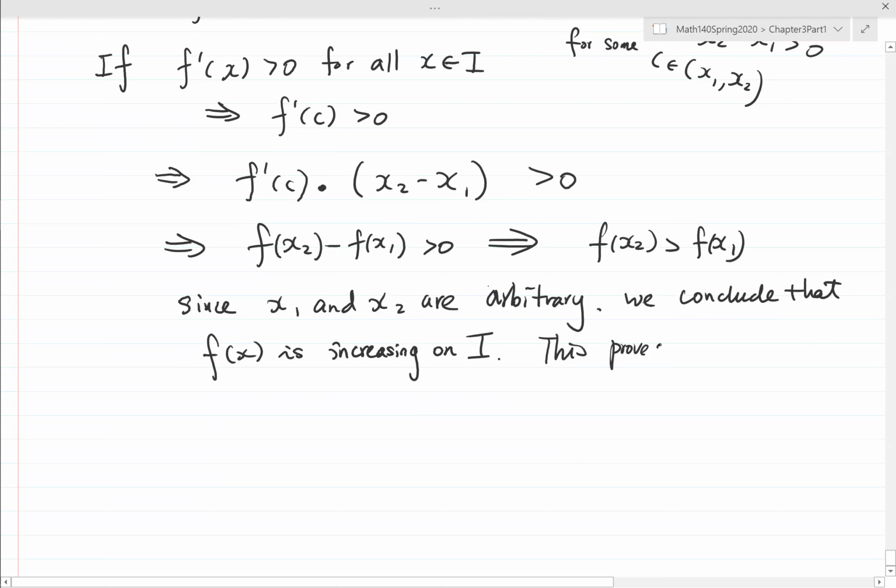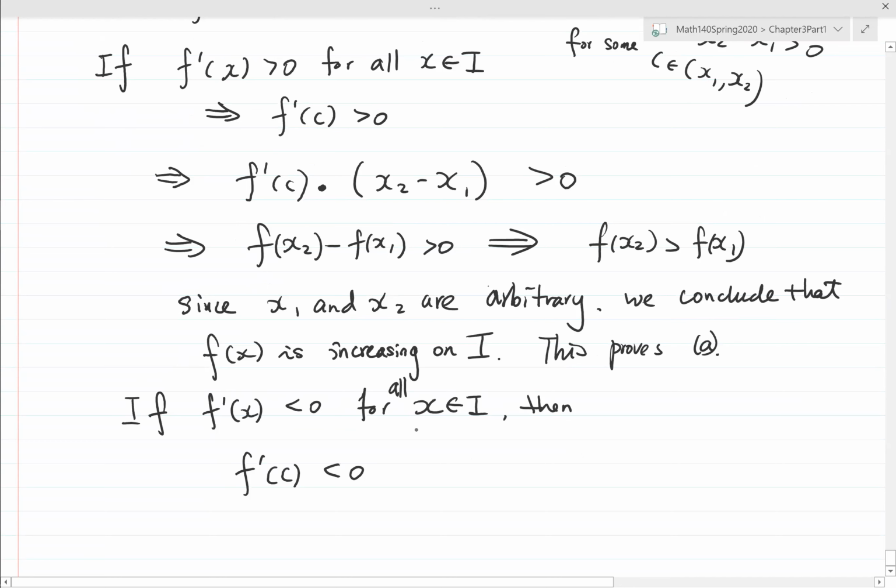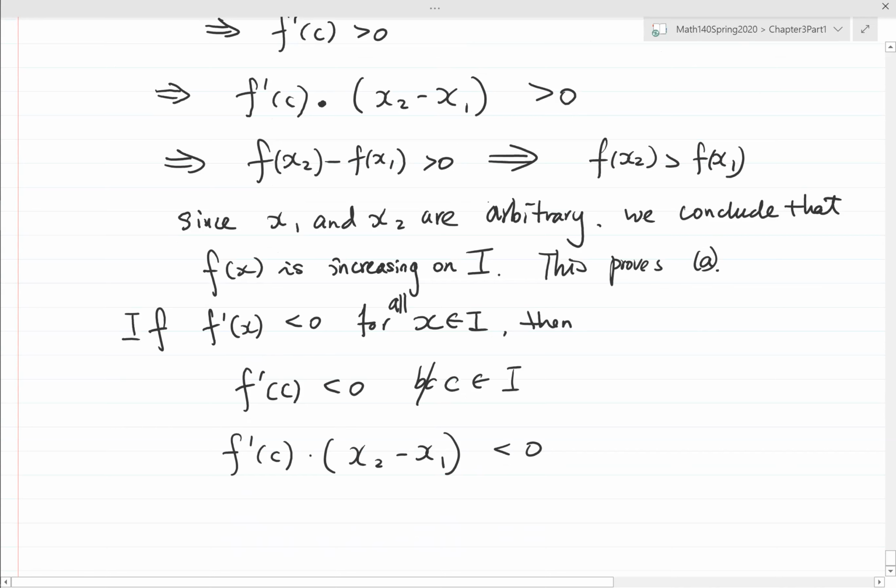This proves part A. Now, if f derivative of x is less than 0 for all x in I, then f derivative of c is of course less than 0, since c lies in I also. So f derivative of c is a negative number multiplied by a positive number, which is again negative.